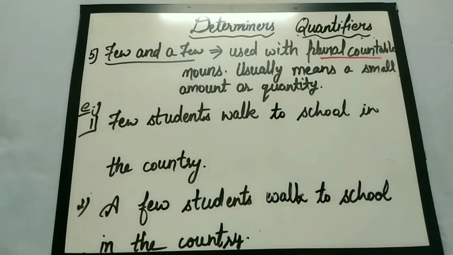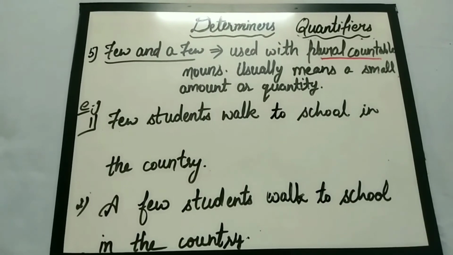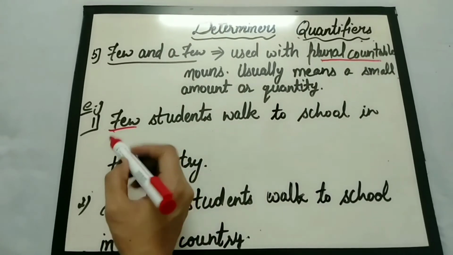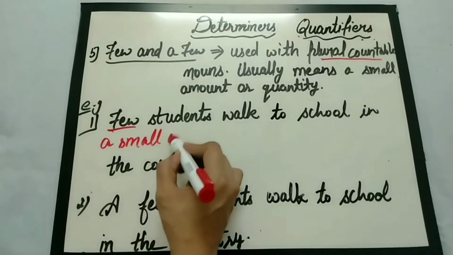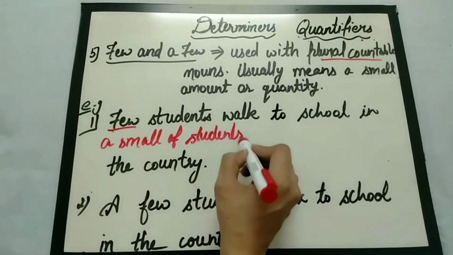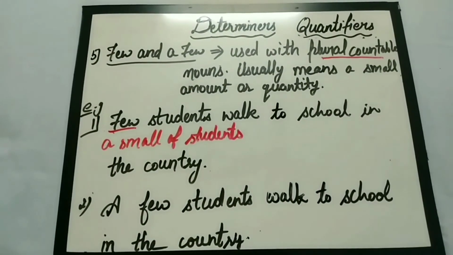Let's look at these examples. In the first one, few students walk to school in the country. Few students means a small amount of students walk to school in the country.